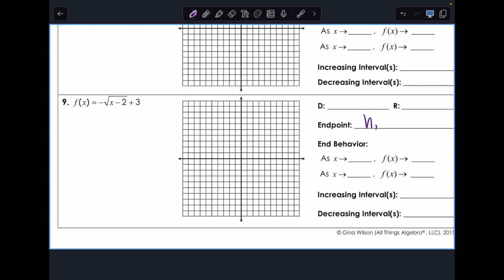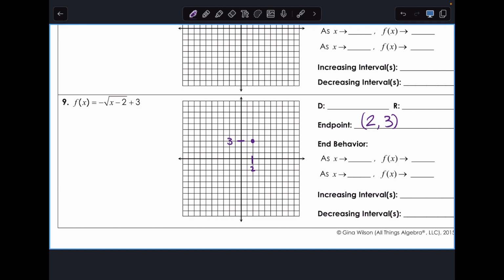Oh, sorry, I wrote h instead of 2. 2. And then k is up 3, right? So 2, 3 is located right here. Here's 2. Here's 3. That's my endpoint.